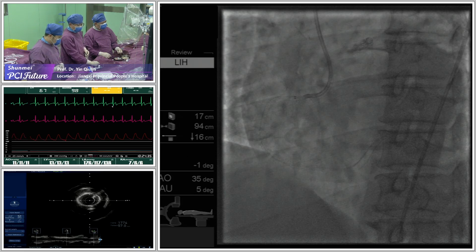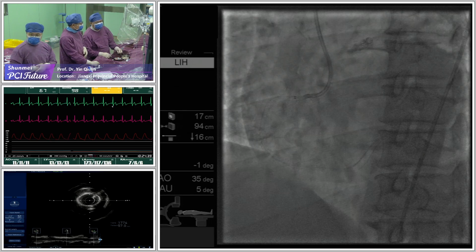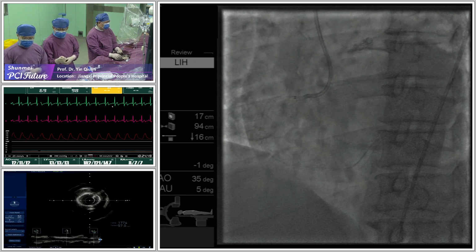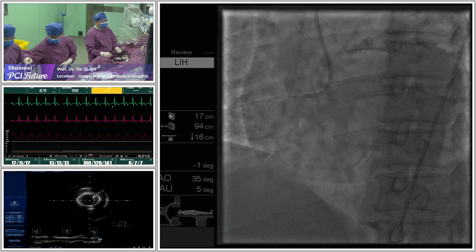No. Maybe only 5. Maybe it's very limited. Maybe only 5 millimeters. Yeah. Just beyond the septal branch. Yeah, it's very efficient.